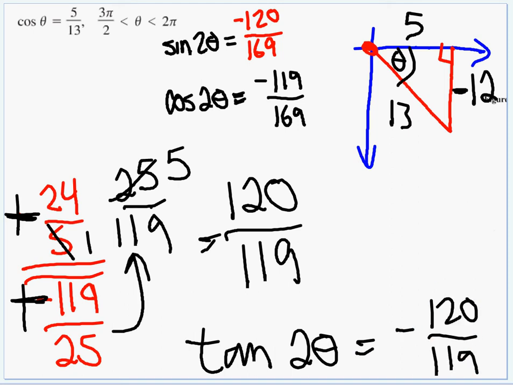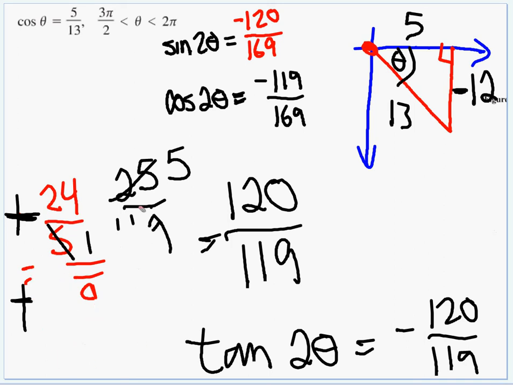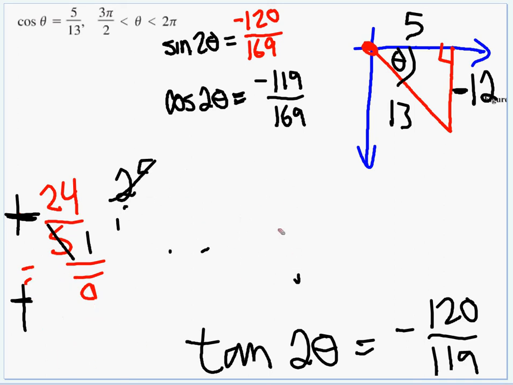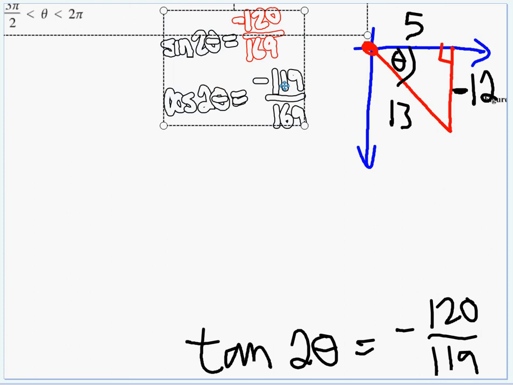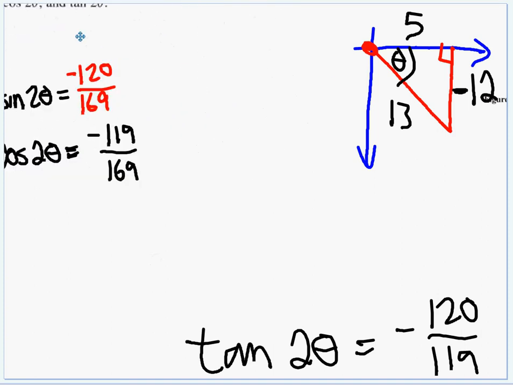Now, while I was showing you the formula there for tangent, you might have been screaming at your computer, why don't you just do tan is sine divided by cos? And I wanted to show you the formula first. Usually, though, the easier way to go, since we already found sine and cos up here, let me bring these back down over here. Sine is the red one, and cos is down here in the black ink.